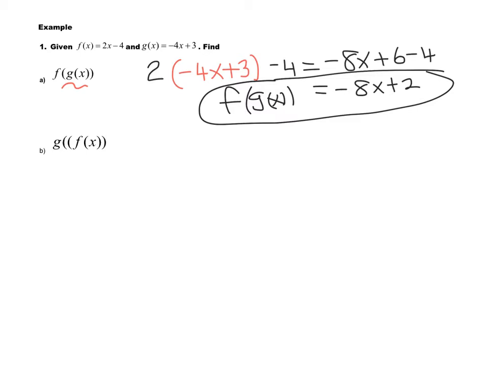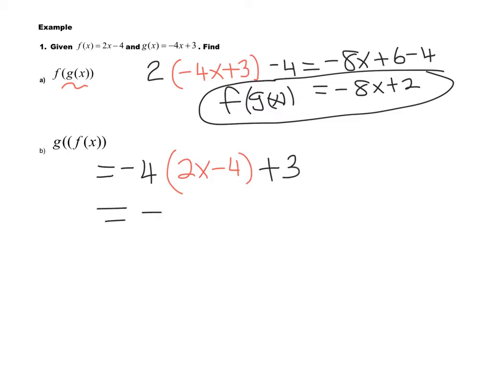Now we do the next one, g of f of x. I take the g function, which is equal to negative 4, and instead of x, I put f of x, 2x minus 4, and then I just continue with the other function.